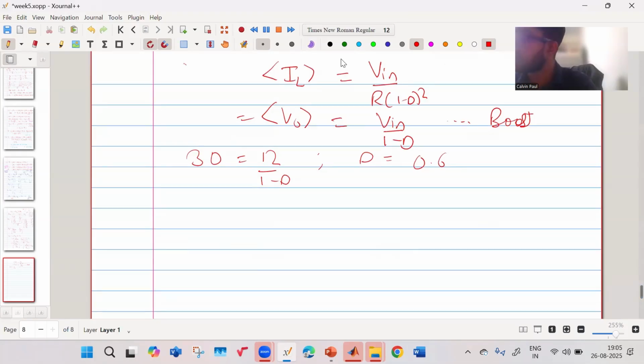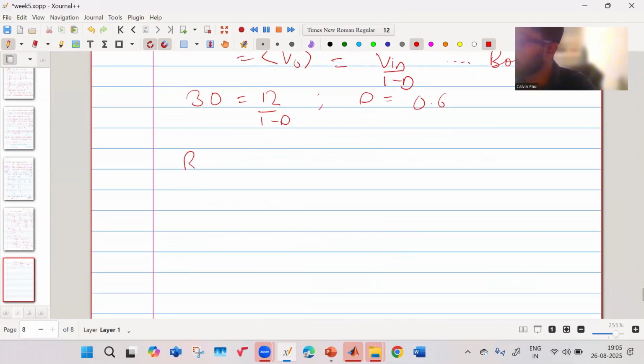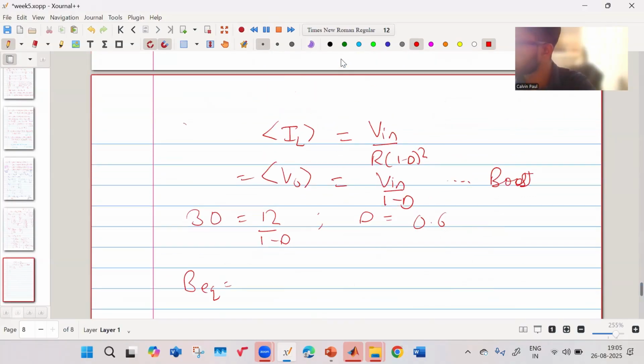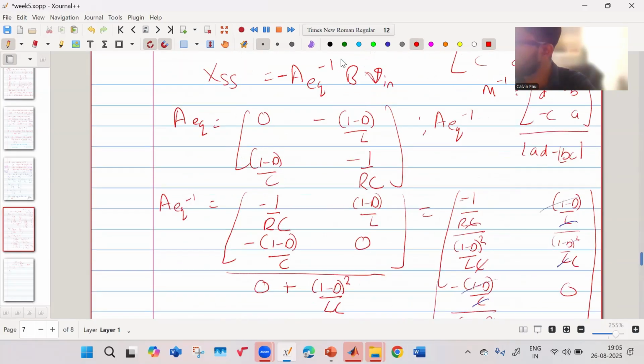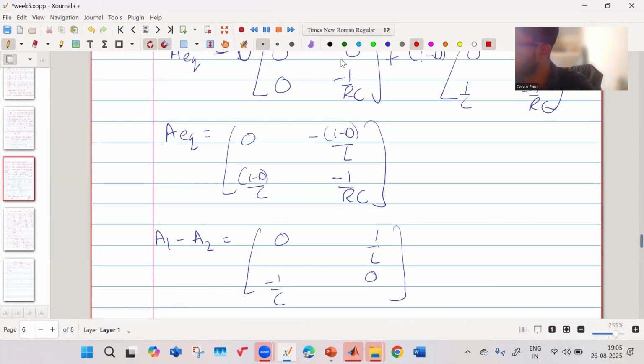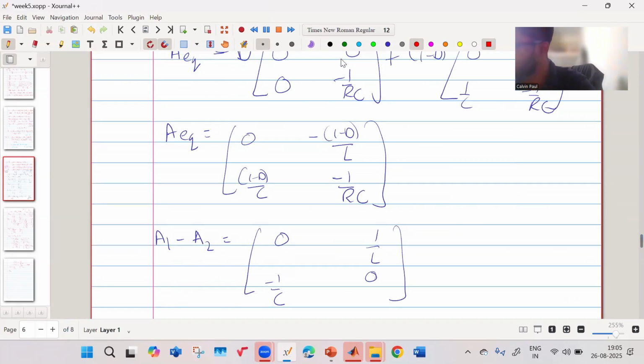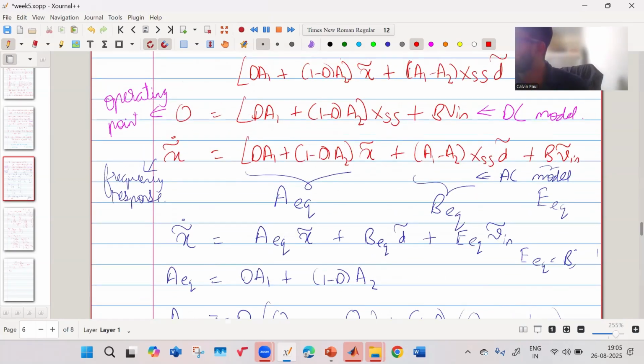So now, what is our B equivalent? B equivalent is A1 minus A2 into X steady state, right?